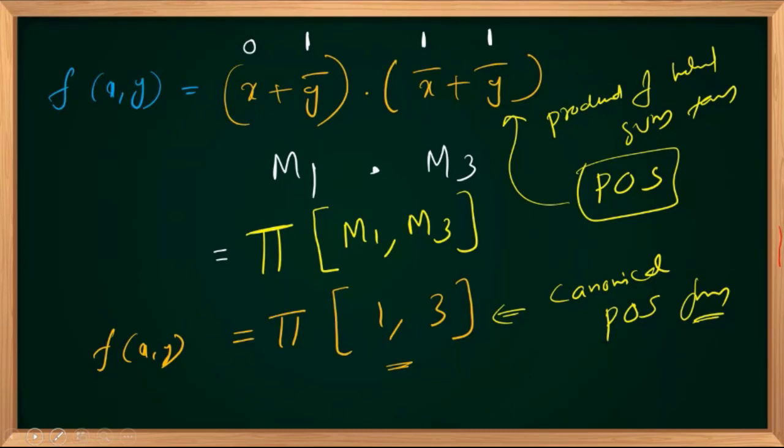Min terms will specify those combinations at which function f equal to 1. Max terms will specify those combinations at which function output equal to 0. Right. They are orthogonal. Min indexes are absent from max indexes and vice versa.